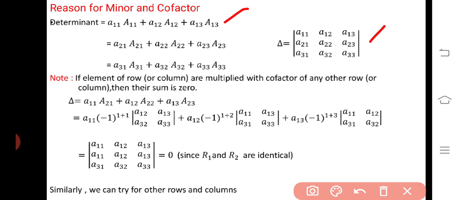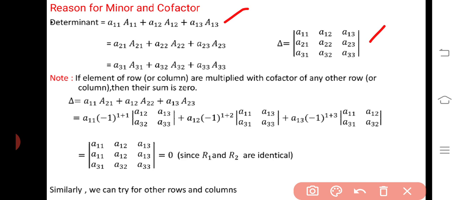We can start with any row or any column. To solve this, you have to delete the first row and first column, then find the determinant. But there is a neat and clean way to write this mathematically, like A11 into cofactor of A11, A12 into cofactor of A12, A13 into cofactor of A13.